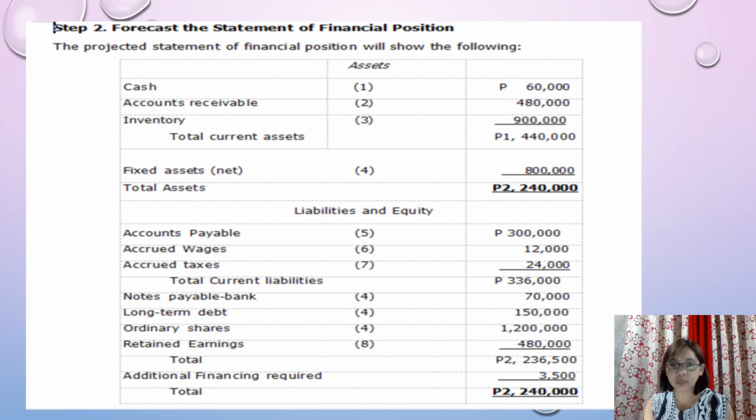Okay. I-explain ko po paano po ng additional financing required. So, magiging total po ng liabilities and equity is 2,240,000, which is balance. So, dito po sa pag-forecast ng statement of financial position, dito nyo po makikita kung meron bang surplus sa funds or nangangailangan ba ng additional financing yung isang firm.